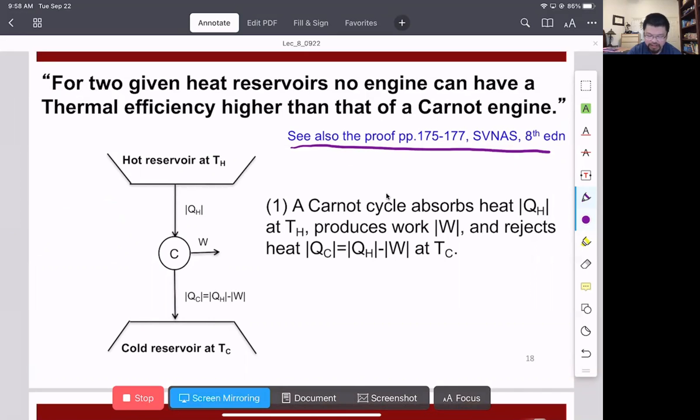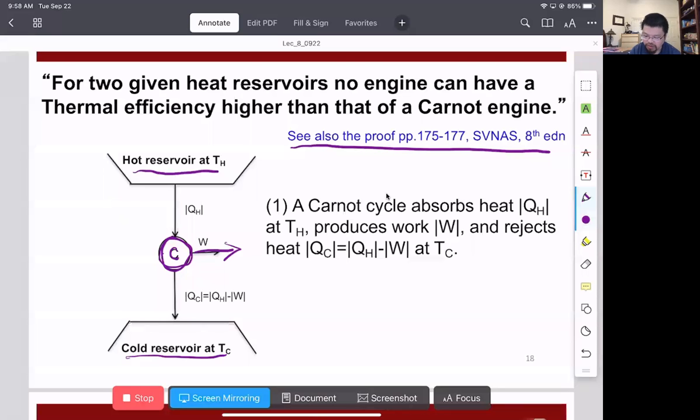That says if we are going to have the hot reservoir and the cold reservoir, and we are using some engine in between so that we can take the input and output, we are going to produce work. So over here, let's put Carnot's engine. C stands for Carnot.